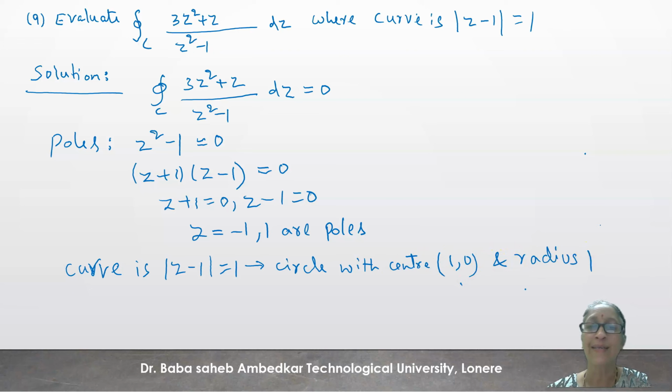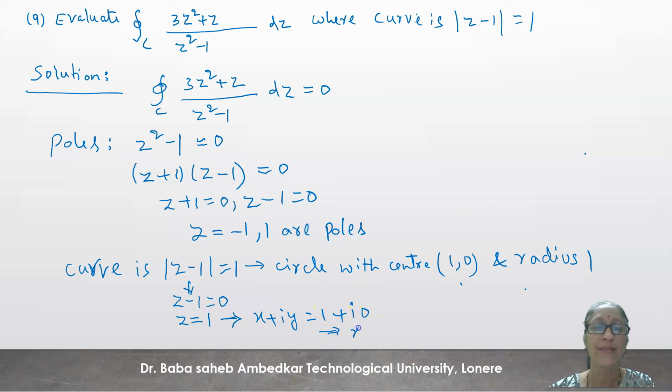So how do you get this center? Equate this to 0, z minus 1 equal to 0. So z equal to 1 implies x plus iy equal to 1 plus i0. So 1 is the value of x and 0 is the value of y. Implies x equal to 1, y equal to 0 is the center.